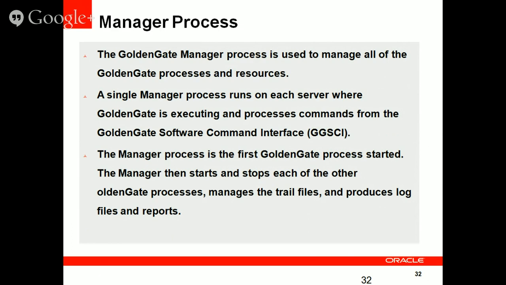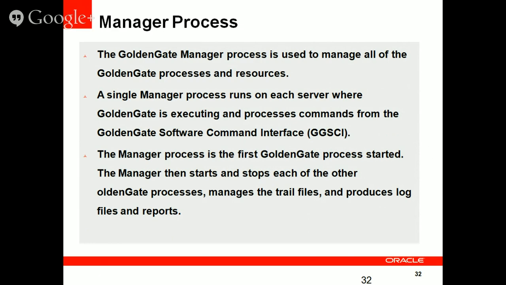A single manager process runs on each server where GoldenGate is executing, and it processes commands from the GoldenGate software. The way we have an SQL prompt to fire SQL queries, an RMAN prompt to fire RMAN backup commands, and an ASMCMD prompt for ASM commands, similarly we have the GGSCI prompt for managing GoldenGate commands.